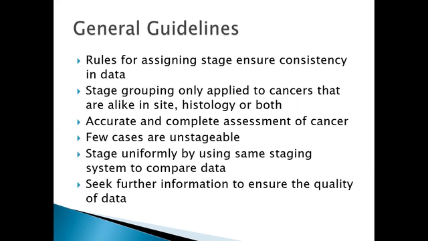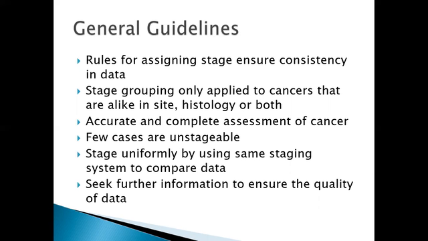Accurate and complete assessment of cancer is necessary before staging. Few cases are unstageable. The unknown stage category should be used only after all efforts to identify the extent of disease have been exhausted, or the site or histology does not meet criteria for staging.